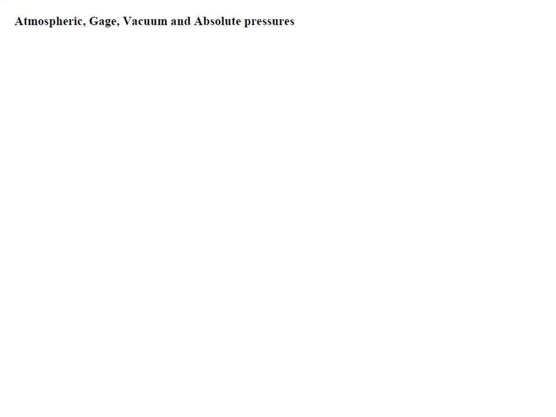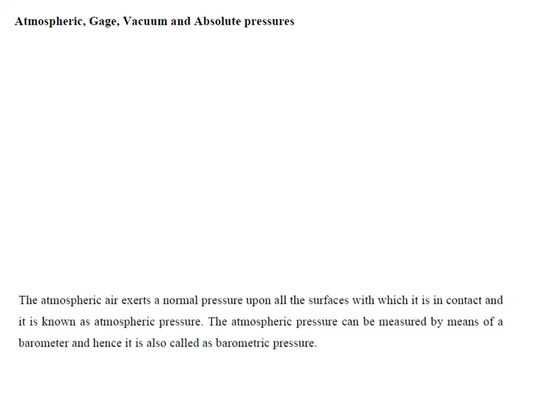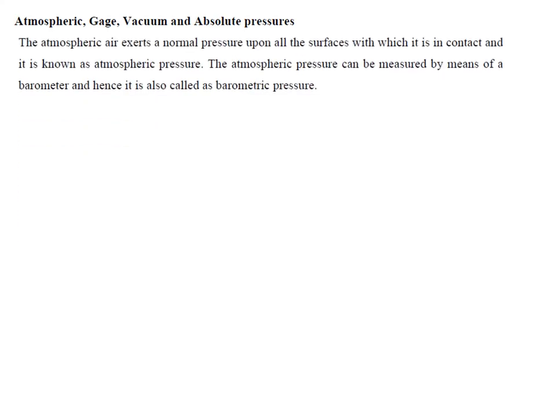This is known as the atmosphere, and this value is known as the atmospheric pressure. So atmospheric pressure is almost equal to 1.03 kg force per centimeter square, which is equivalent to the pressure exerted by the air column of 1 centimeter by 1 centimeter, with height equal to the height of the atmosphere. Since this atmospheric pressure is measured by a barometer, it is also known as barometric pressure.